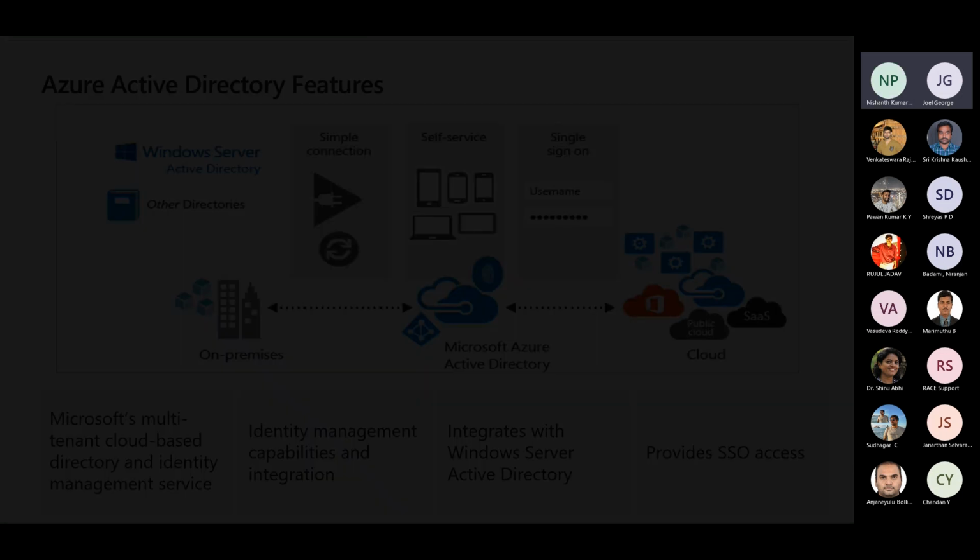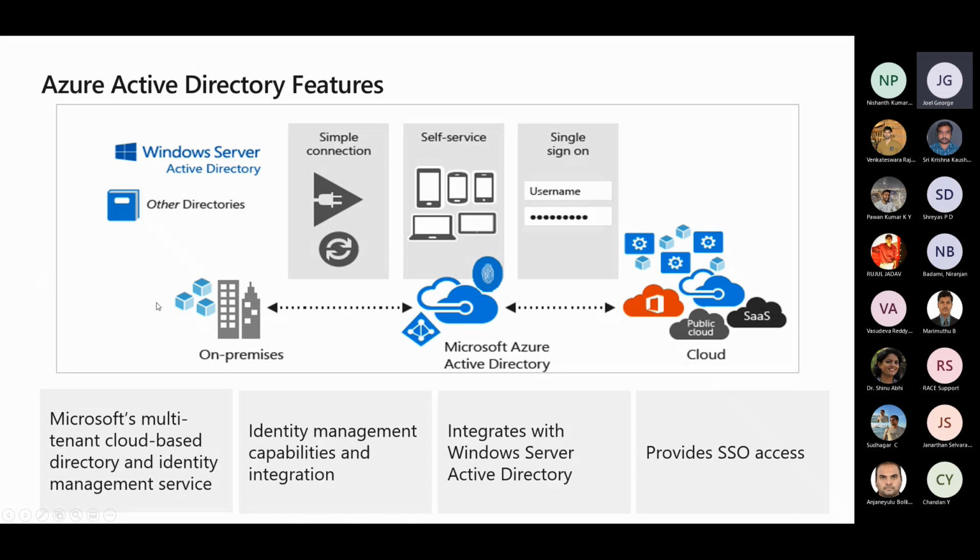So on-prem Active Directory can be integrated with the SaaS Azure Active Directory, that is Azure AD. To be very specific, you can integrate ADDS with Azure AD using directory services.